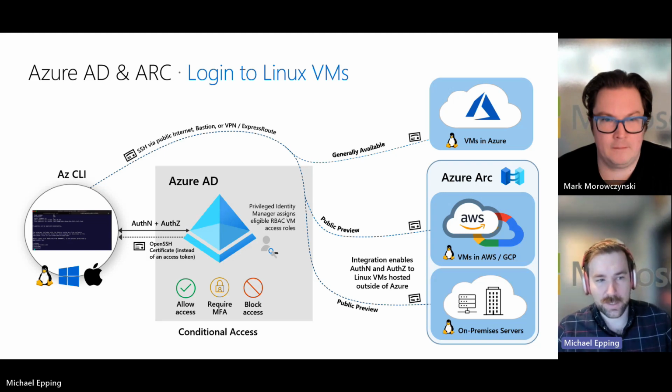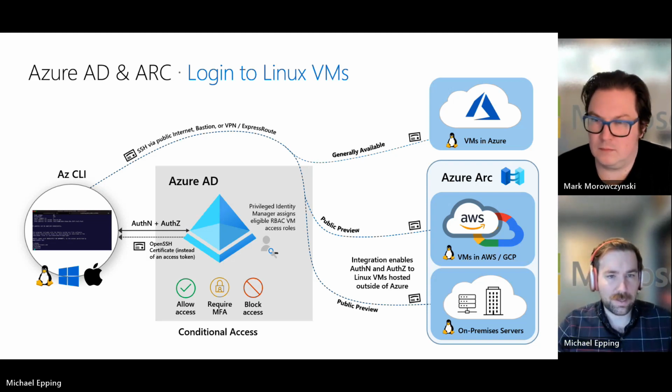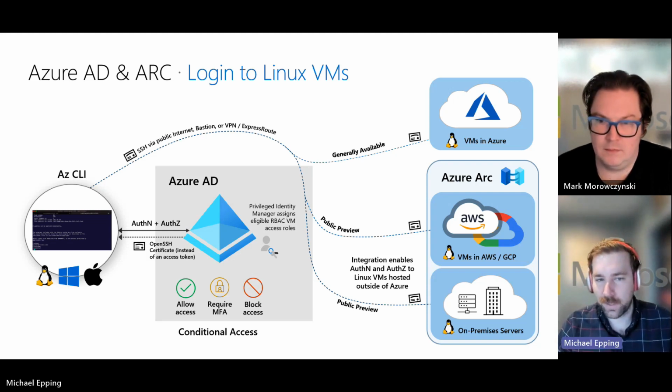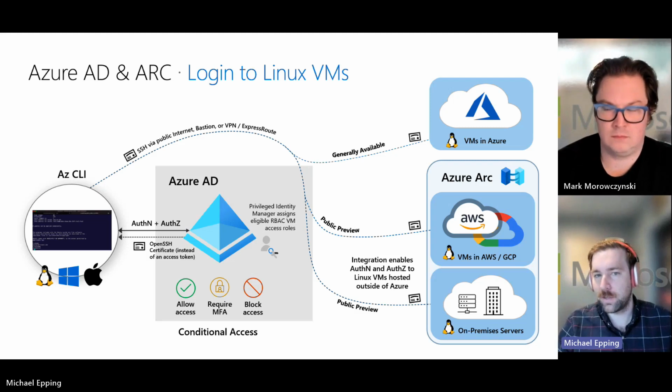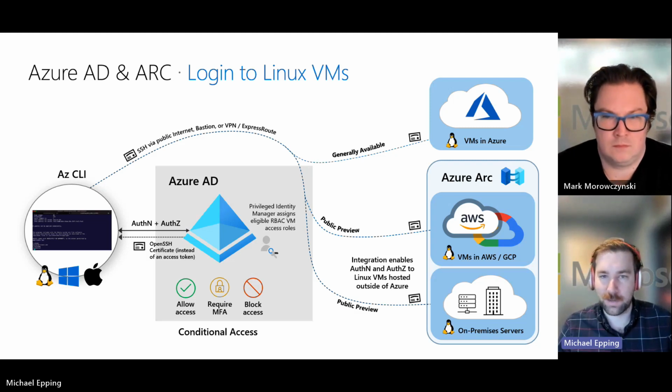And then if everything checks out, instead of returning an access token like we might if they were accessing a web application, we actually return an OpenSSH certificate. This is something that OpenSSH already supports. So in this case, we're just issuing a cert from Azure AD instead of that access token. The client can then present that certificate to the server, and if everything checks out and the server trusts the certificate, the user's SSH tunnel can be established.